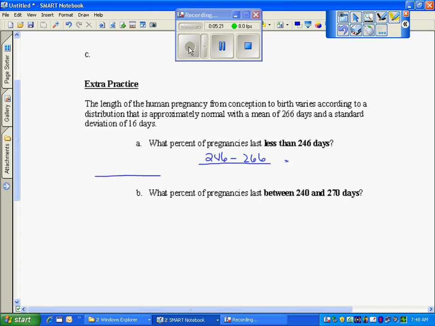It's less than the average, so shorter term, delivering earlier. 266, and 246 is on this side. How many steps did it take me to get down there? If I subtract, that's negative 20 with a step size of 16. Negative 20 divided by 16 is negative 1.25.